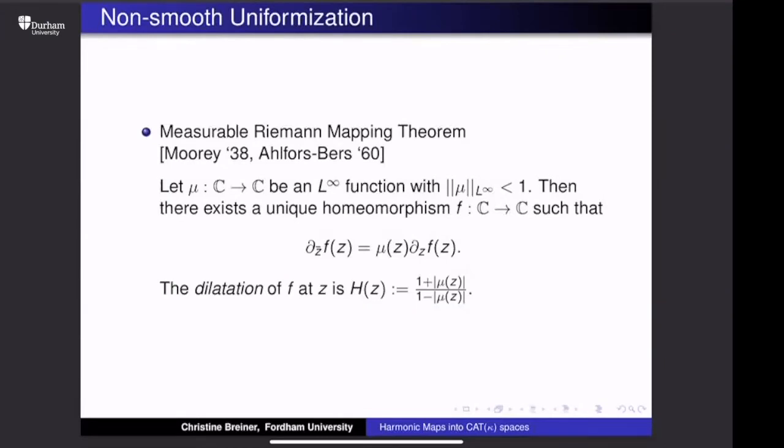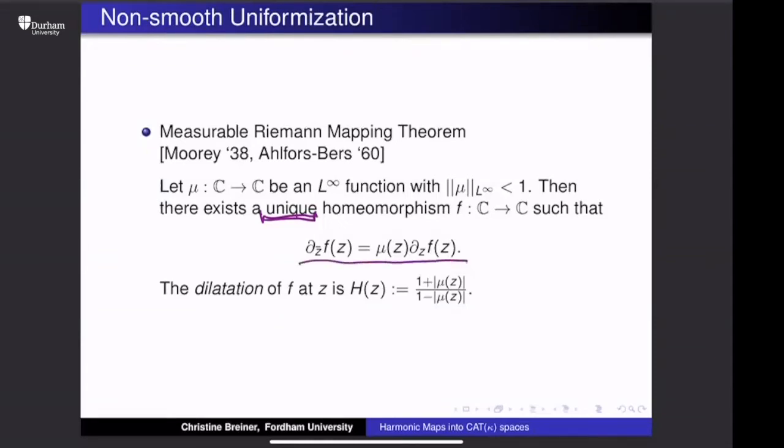So the idea is you start with an L infinity function mu from C to C, with L infinity bound strictly less than 1. There's a unique homeomorphism F taking C to C that satisfies this equation, and when I say unique, I mean up to the obvious fixing of points. So you fix where F of 0 and F of 1 go, and then it's unique.